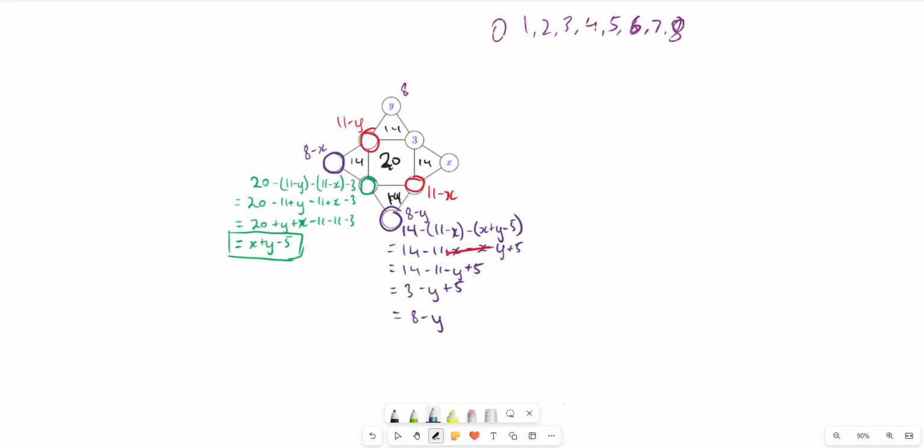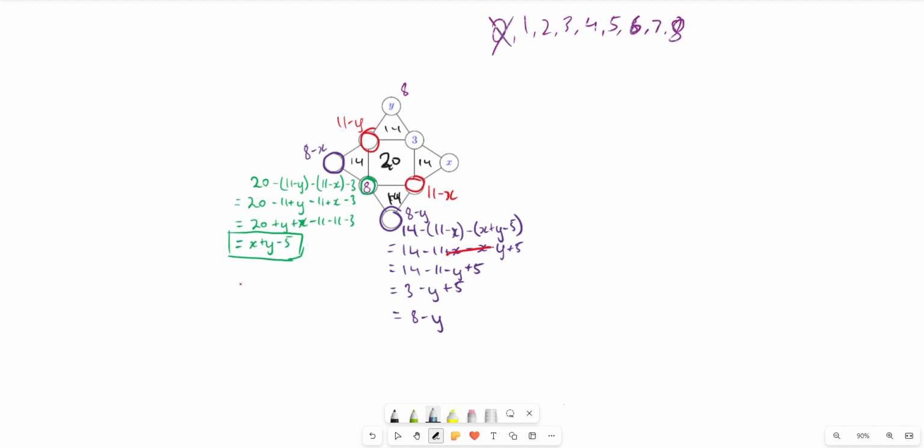There's no 0 here. So 8 cannot go into y. To prove my point even further, 11 minus y, so 11 minus 8 equals 3, which has already been used here, so it cannot be used. So 8 could not be used for the red ones and the purple ones. So the last thing it can be used for is the green one, the last unoccupied one.